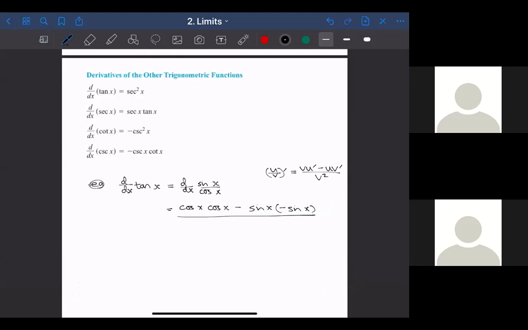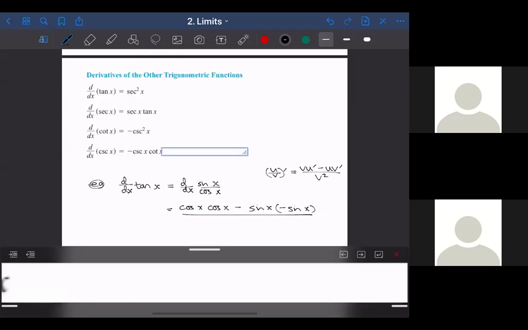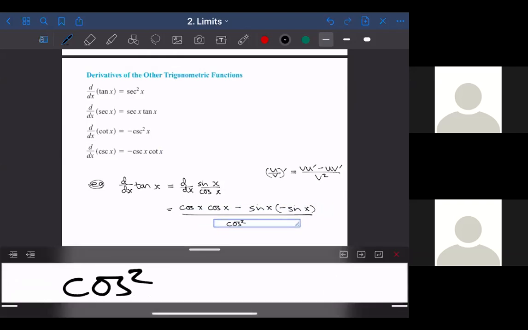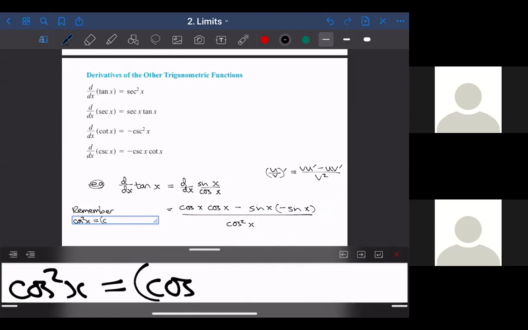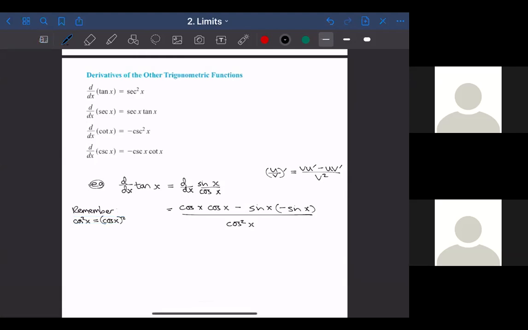And we divide all this by cos squared x. So remember, cos squared x is just a way of writing cos x squared.